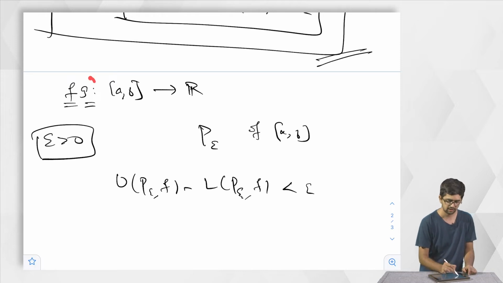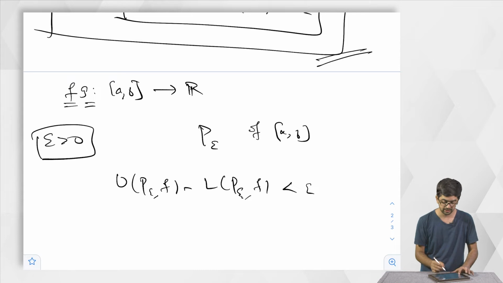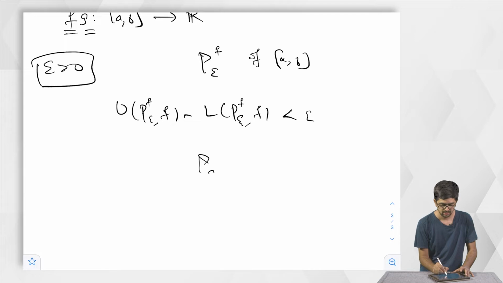g is also Riemann integrable. So there exists another partition; let me write this as P epsilon f just to make sure there is no confusion, and let me write the other as P epsilon g, that is the only difference.